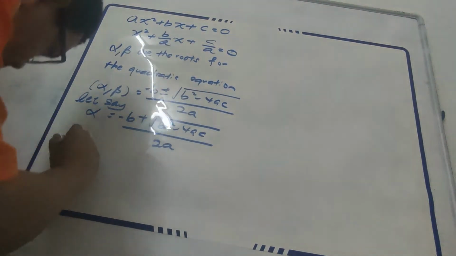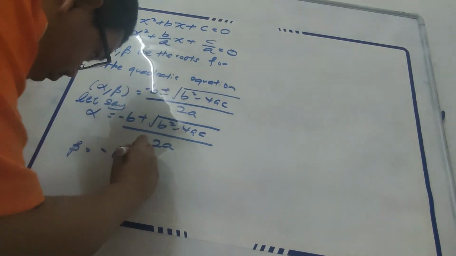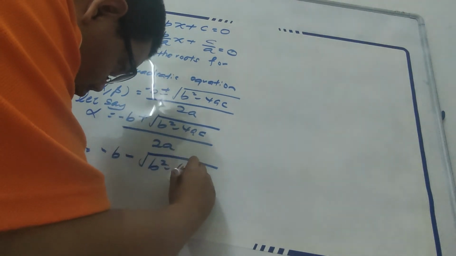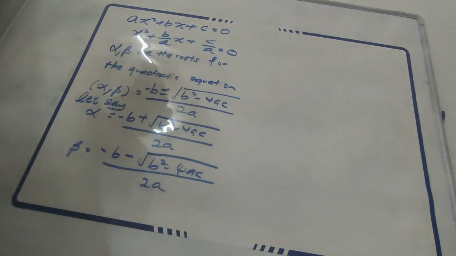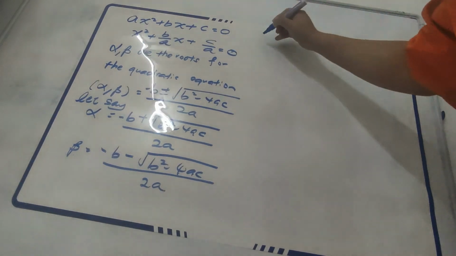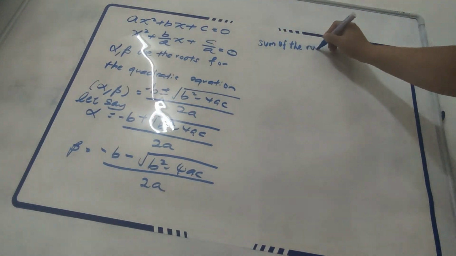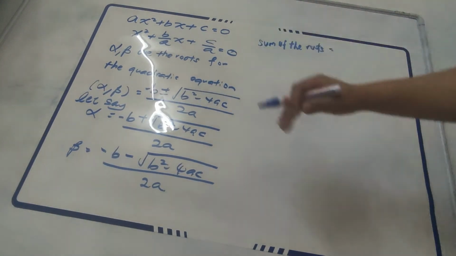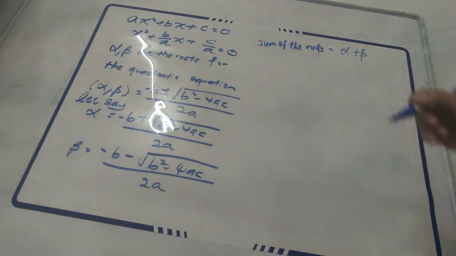So your beta is minus b minus the square root of b squared minus 4ac over 2a. So the sum of the roots, this is the proof, the sum of the roots is equal to alpha plus beta.